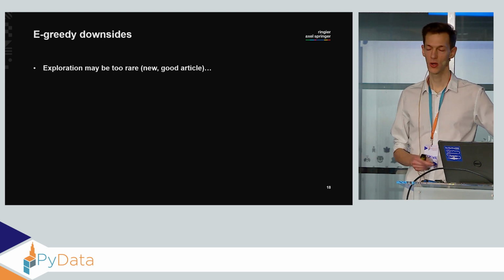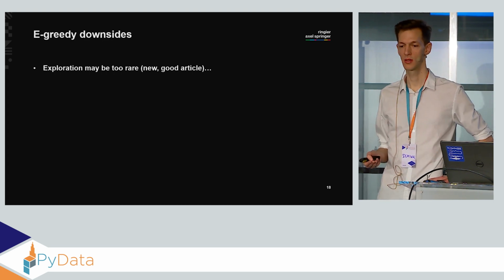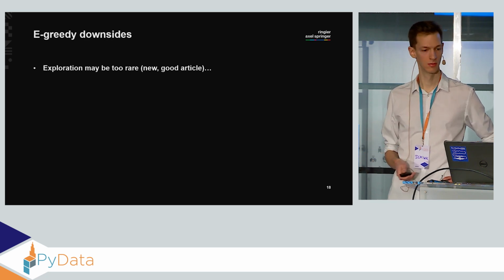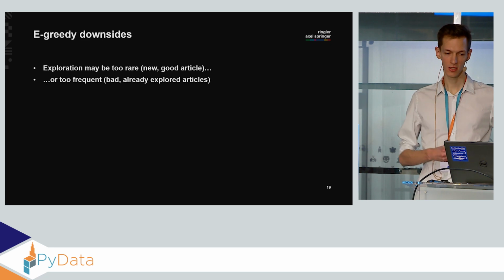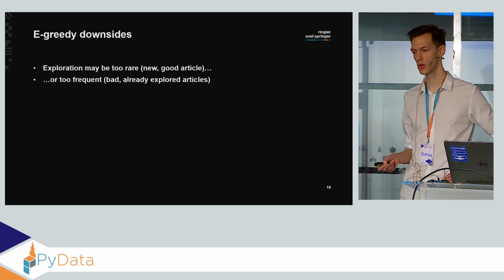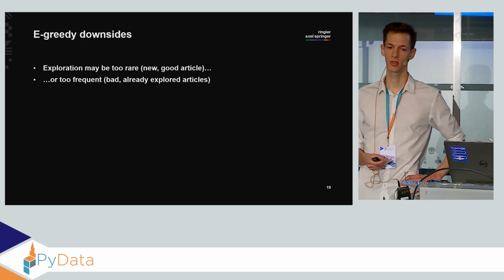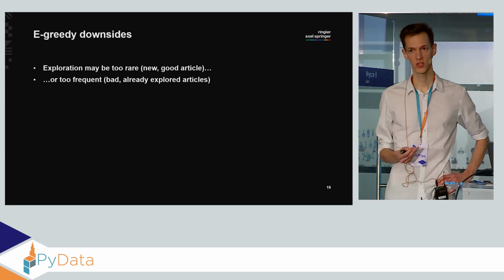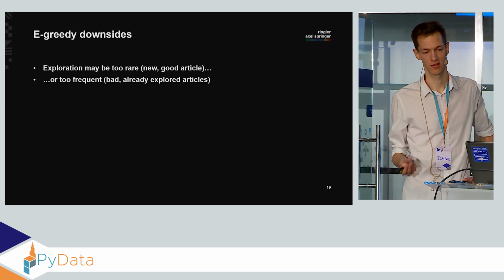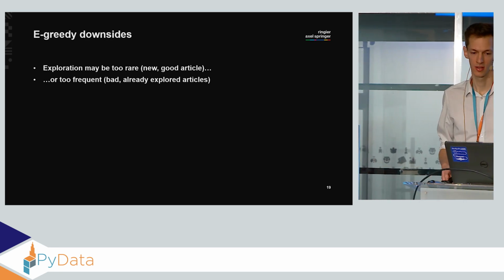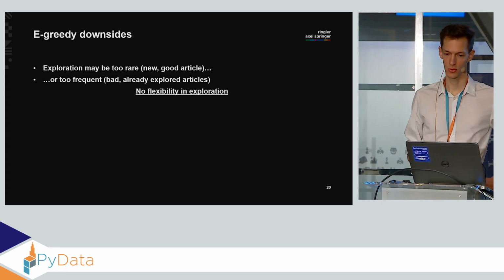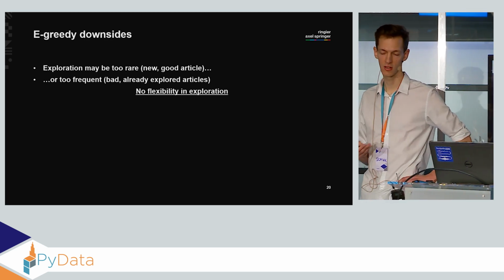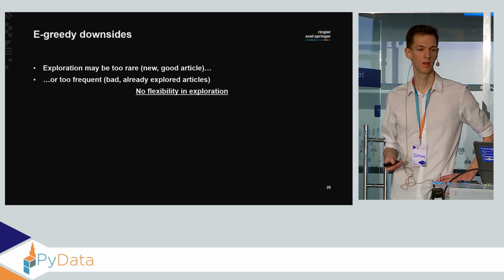However, our exploration will be limited to epsilon, because that's the value that we have set, and we cannot really go beyond that. On the other hand, if we have an article that we know is really bad, and maybe we don't even want to show it to the user anymore, we will still be showing it, precisely because of the epsilon. So this fixed epsilon value causes us to have very little flexibility in our exploration.